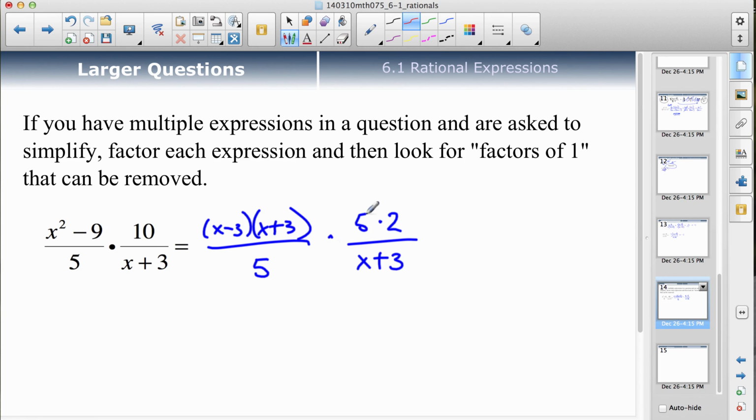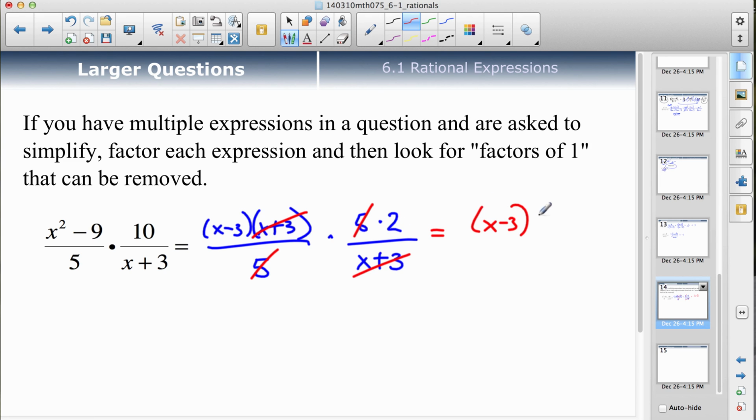So I see a 5 here, and this is a multiply, so I can cancel that one and that one. I also see an x plus 3 on the top and the bottom, so I can cancel that one with that whole one. Notice I'm not just canceling an x, it's that whole term or the whole factor that's down there. So I'm left with on the top an x minus 3, and I'm also left with a 2.